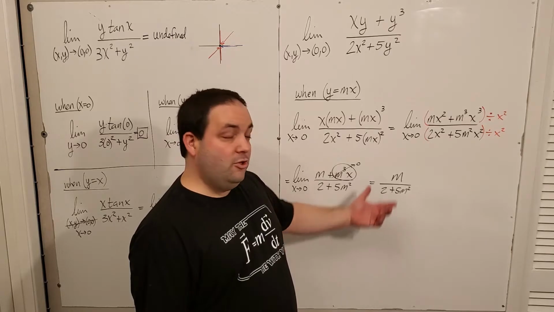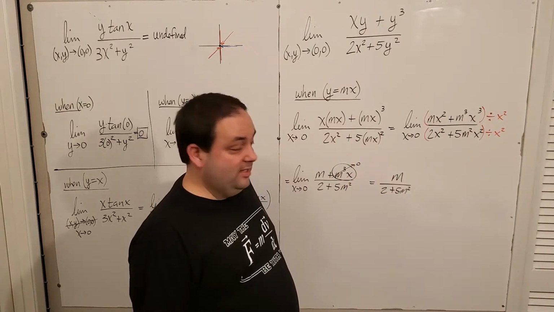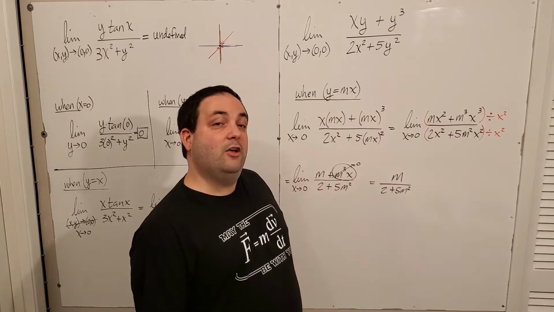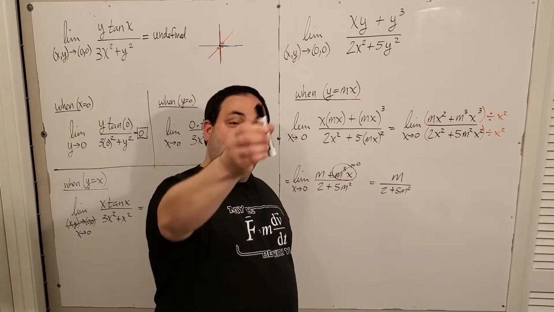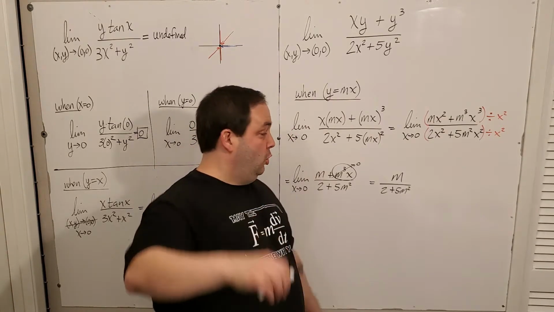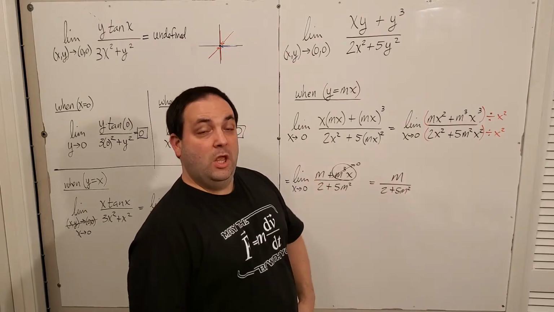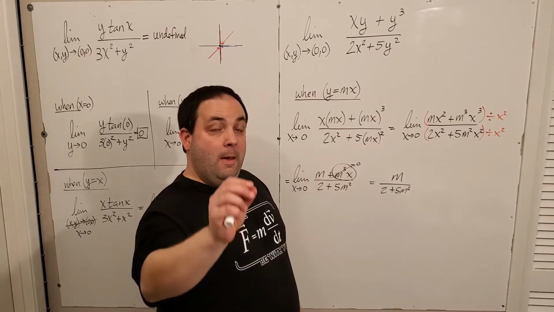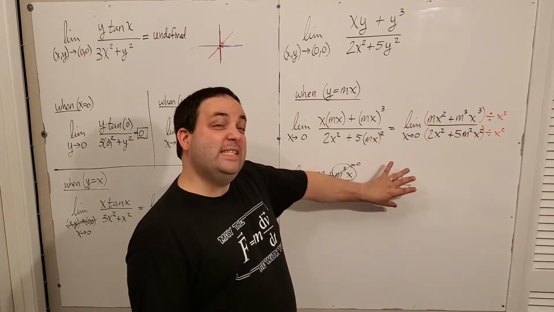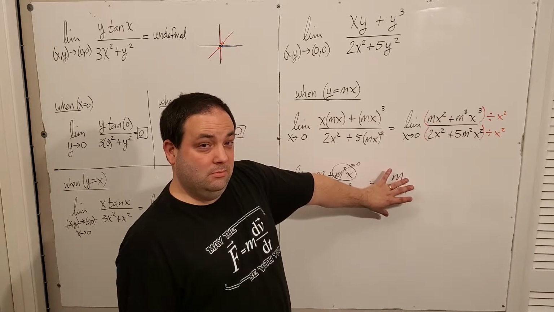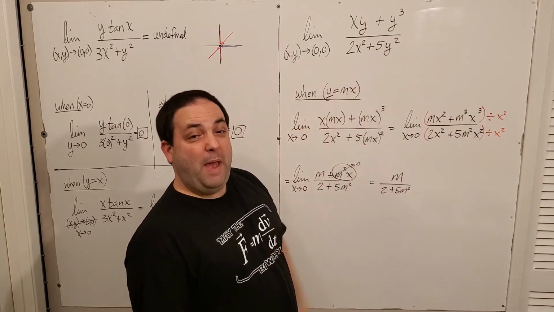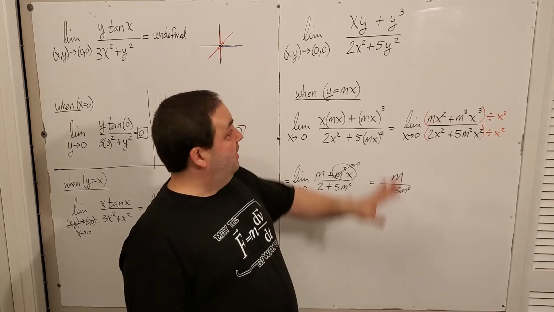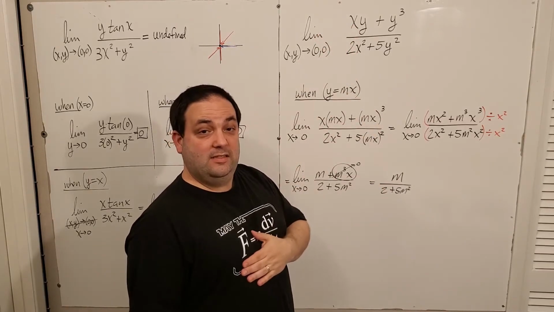You'd get different answers to this limit with different values of m. So different linear paths would give different values. What we've just shown is that because m is in the answer, all of these paths disagree. Therefore, this limit doesn't exist.